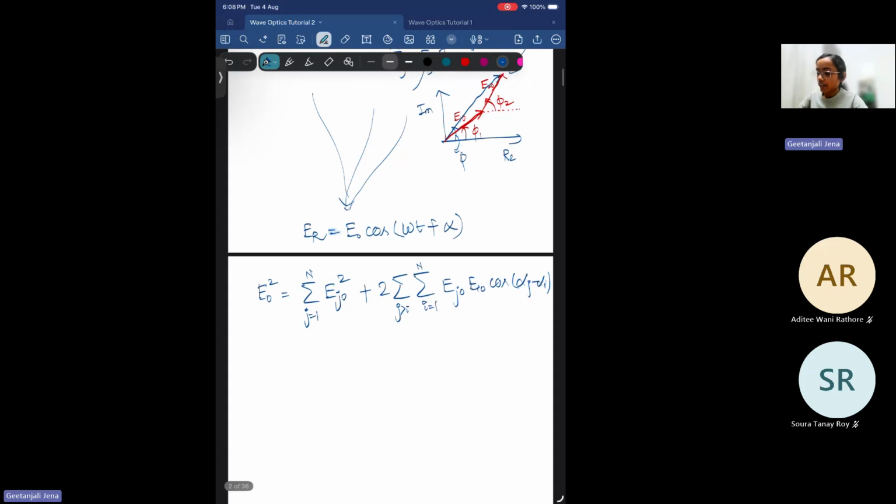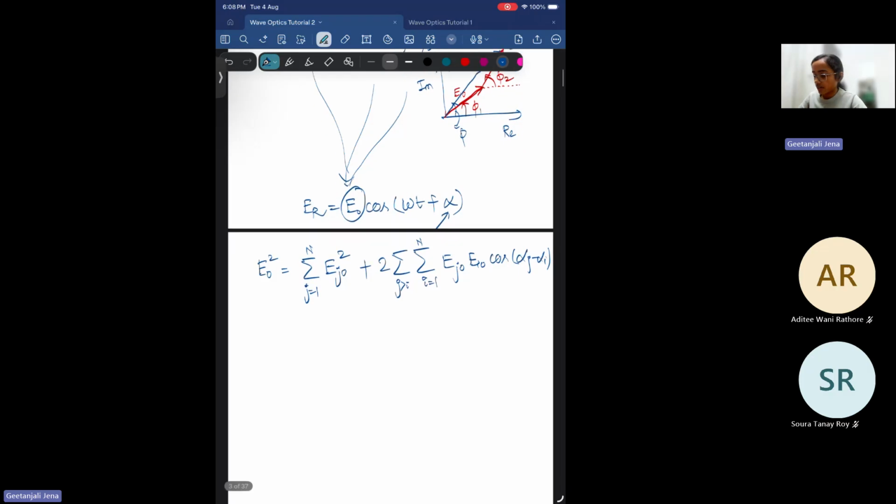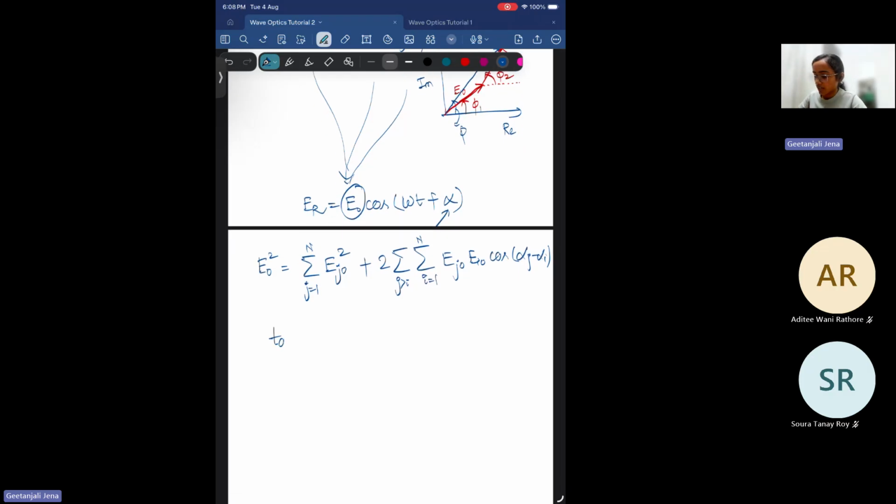This gives the amplitude of the wave. To find the phase alpha, we have tan alpha equal to the summation of E_j0 sin alpha_j from j equals 1 to n, divided by the summation of E_j0 cos alpha_j from j equals 1 to n.